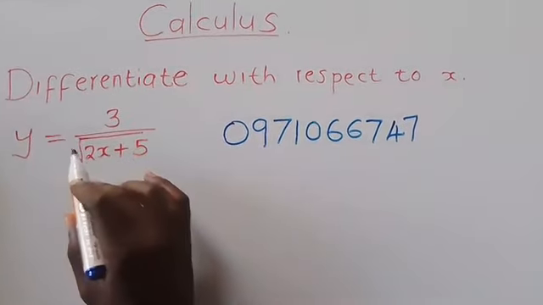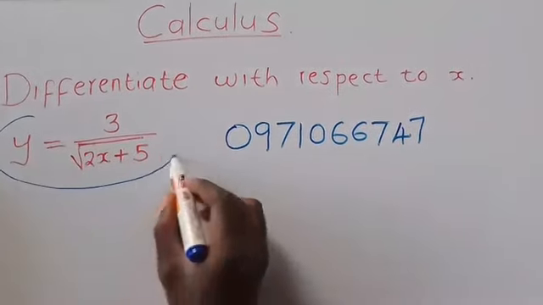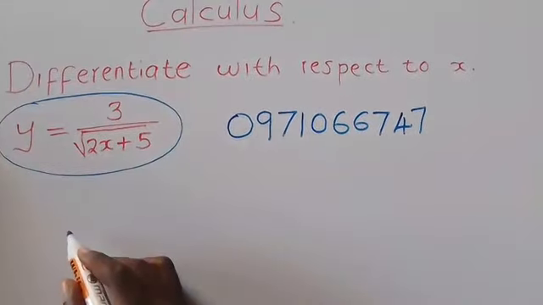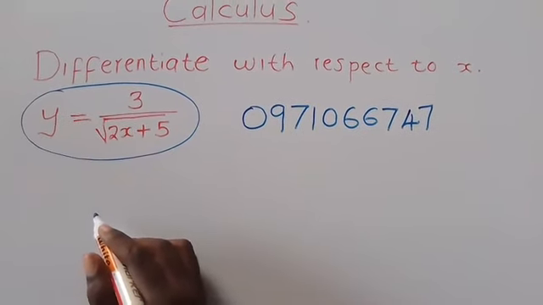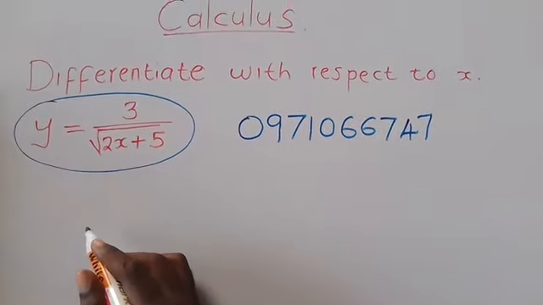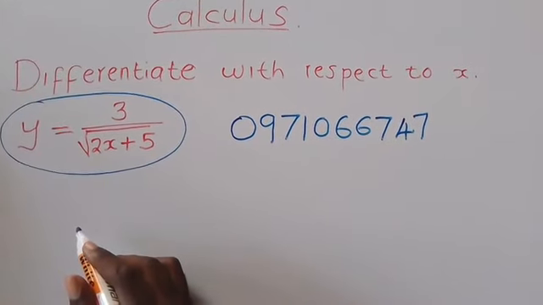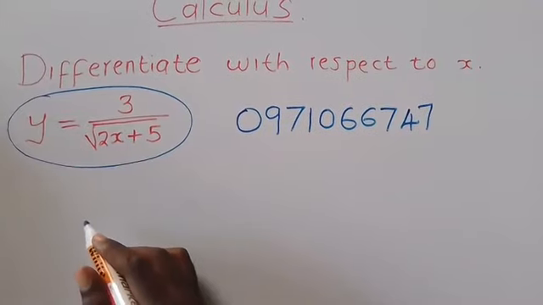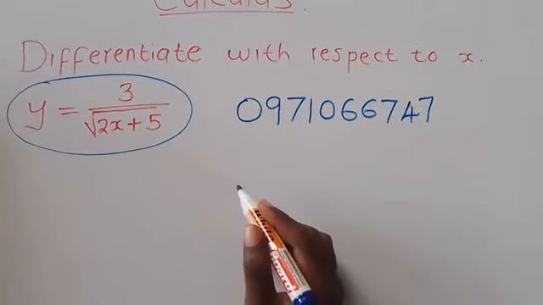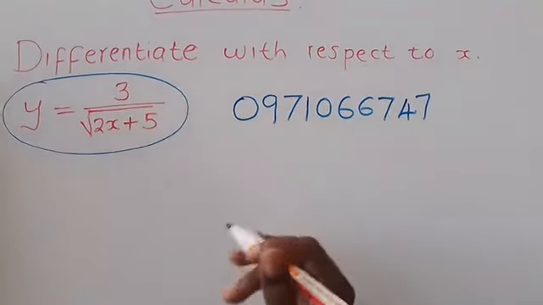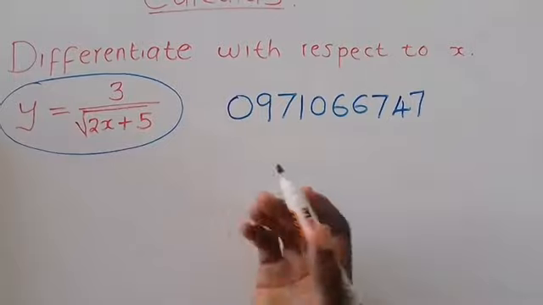It says differentiate with respect to x. So this is the question that we want to differentiate. Before you differentiate a question under calculus, you need to know which rule you are using. We've got quite a lot of rules: the product rule, the quotient rule, the chain rule.